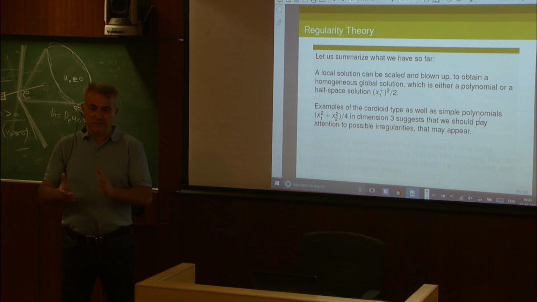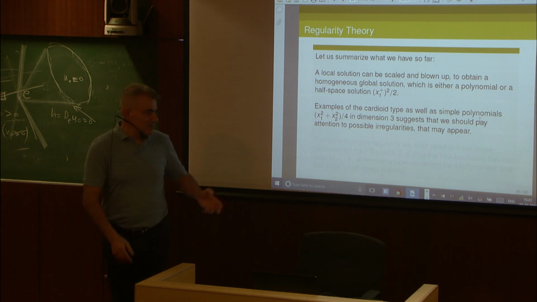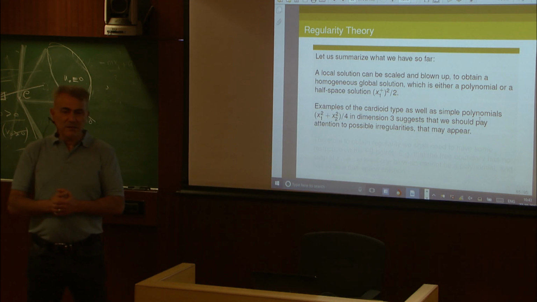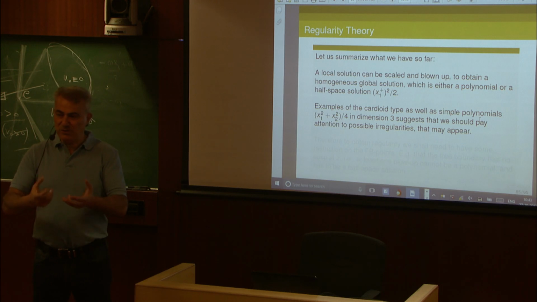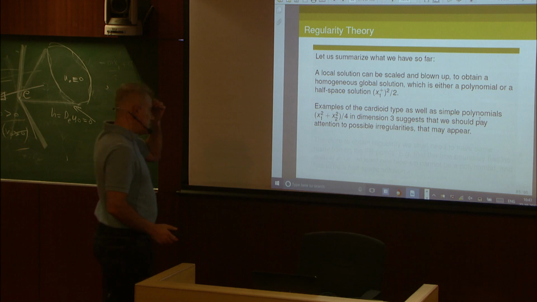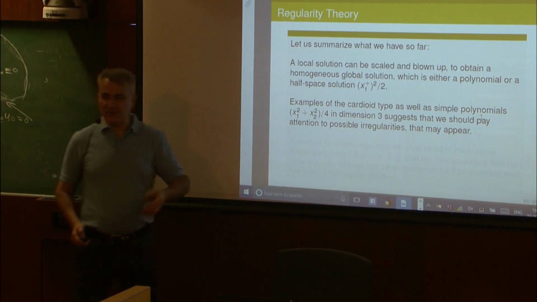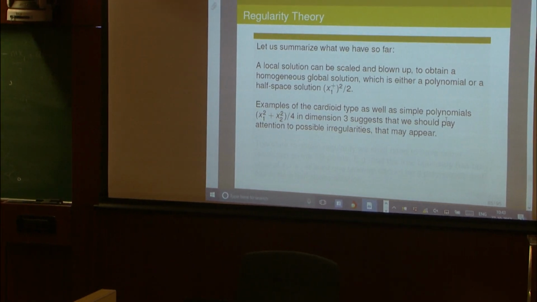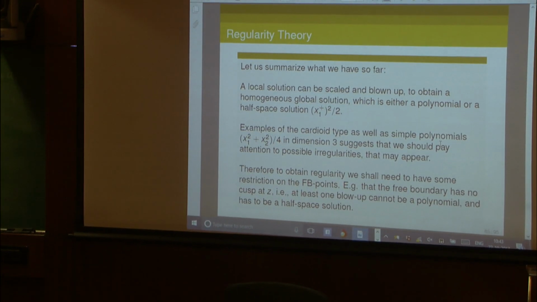We can have polynomials when some of the monomials are missing, and then you will get lower dimensional free boundaries. Okay, so you see the richness here in what kind of things you can get, and then go and look at singular points, but we will not do that. I did not do it here at least.